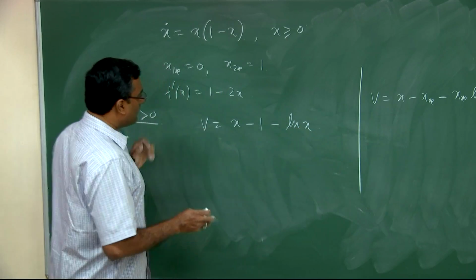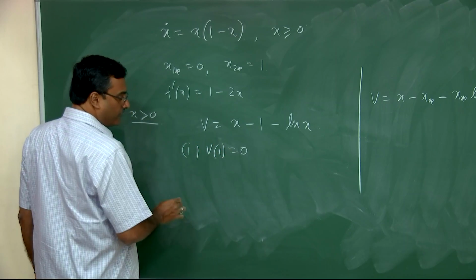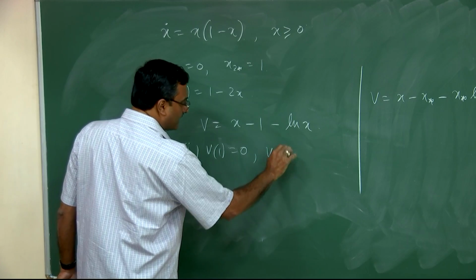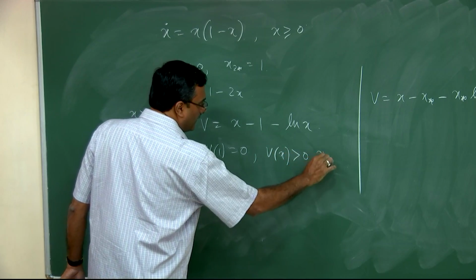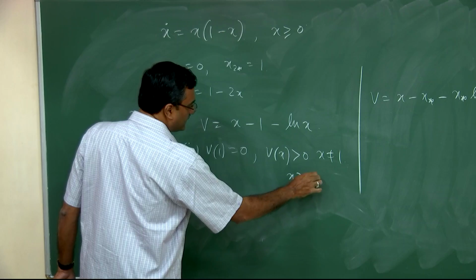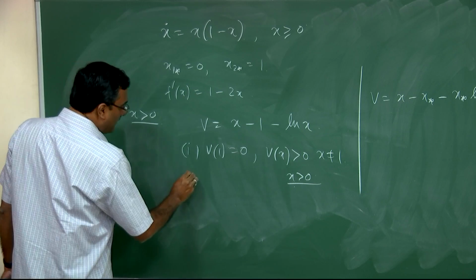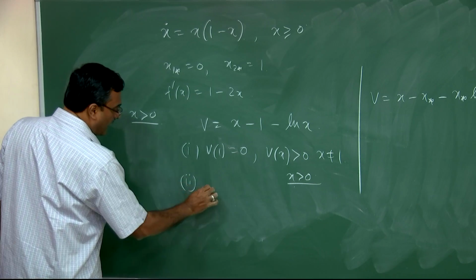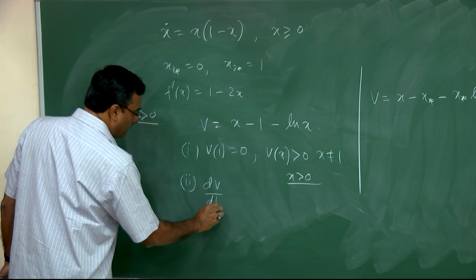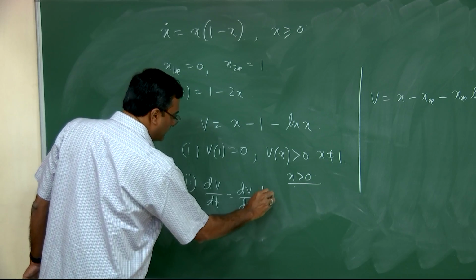So first of all you can verify number 1, that is V(1) is equal to 0 and V(x) is greater than 0 if x not equal to 1, and of course the condition x greater than 0 is satisfied. So that means within its domain, right? Similarly number 2, if you calculate dV/dt, this is equal to dV/dx times dx/dt.